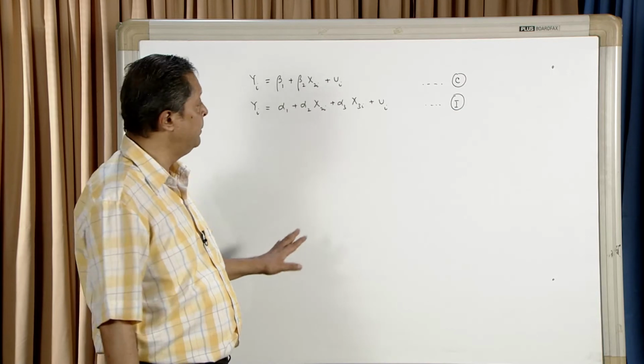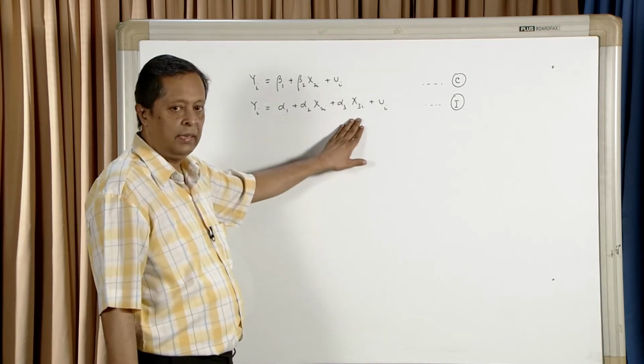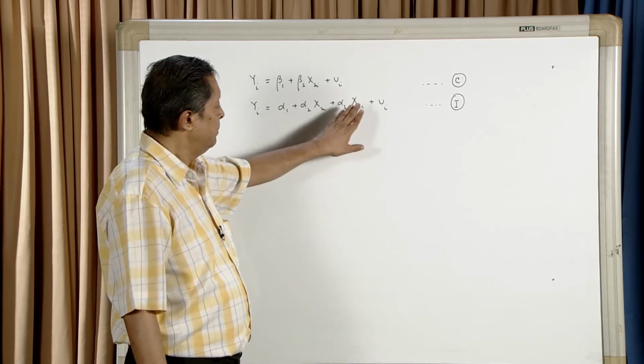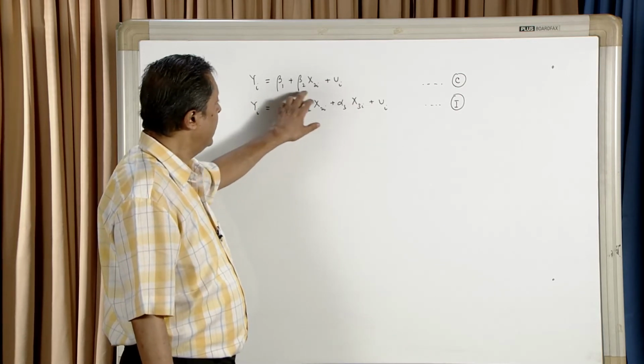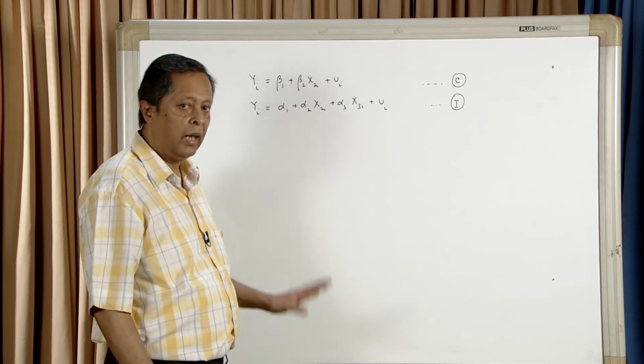Basically, the results will be that even if this incorrectly included variable is in the model, the estimates of the actual coefficients will remain unbiased.